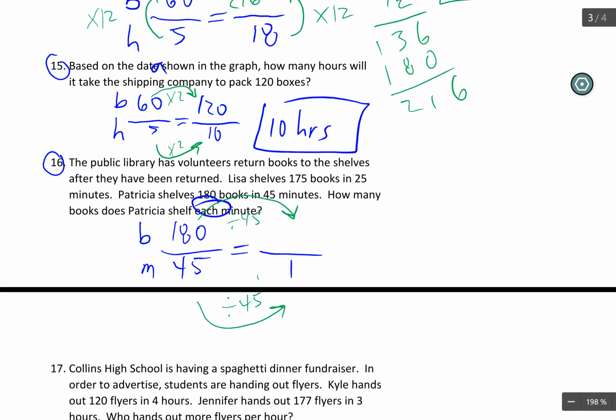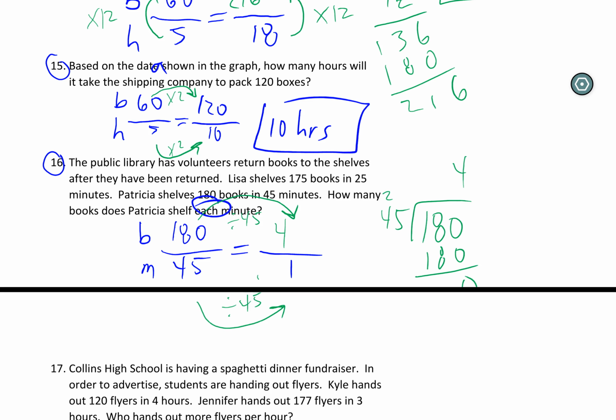So that's 180 divided by 45. 45 times 2 is 90. 90 times 2 is 180. So that should give me 4. 4 times 5 is 20. 4 times 4 is 16 plus 2. Yeah, 18. That's going to give me that Patricia shelves 4 books every 1 minute.